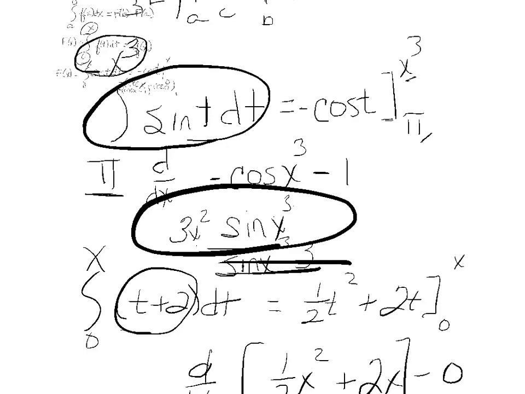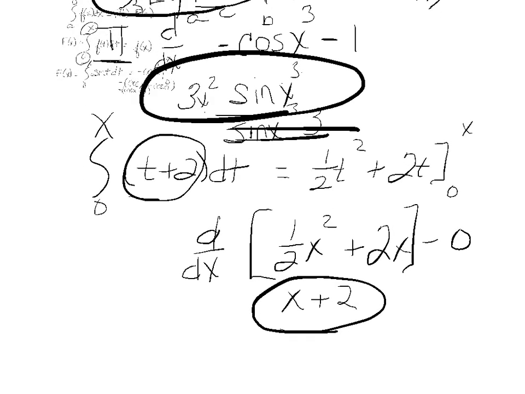Looks like you could substitute the x cubed for t, and then we take the derivative of x cubed, which is 3x squared. Here, we substituted x for t, and if we take the derivative of x, it's just 1, so we got x plus 2. So does the lower bound matter? Notice in all of these, the lower bound was always a constant.